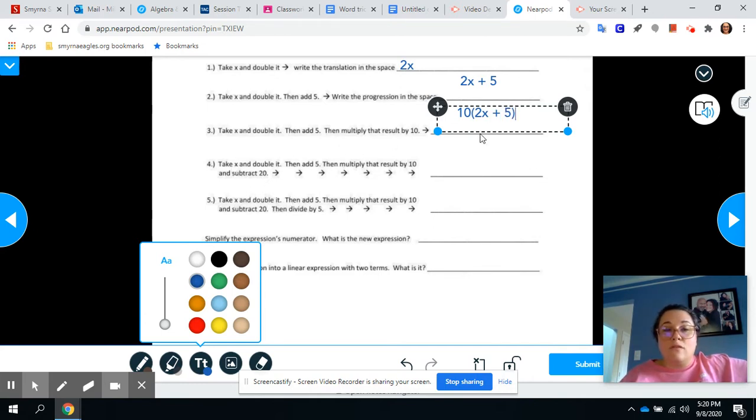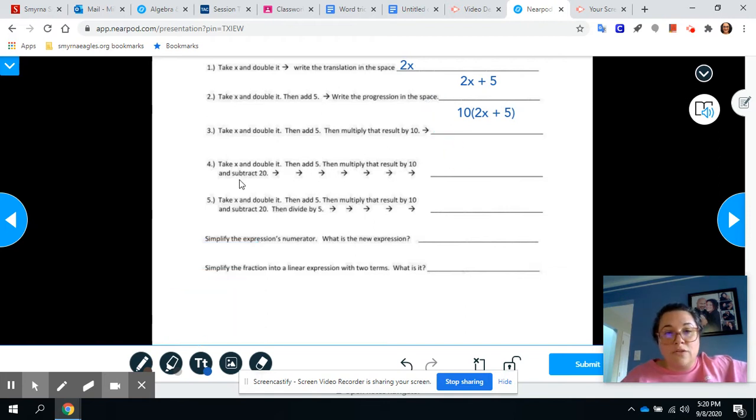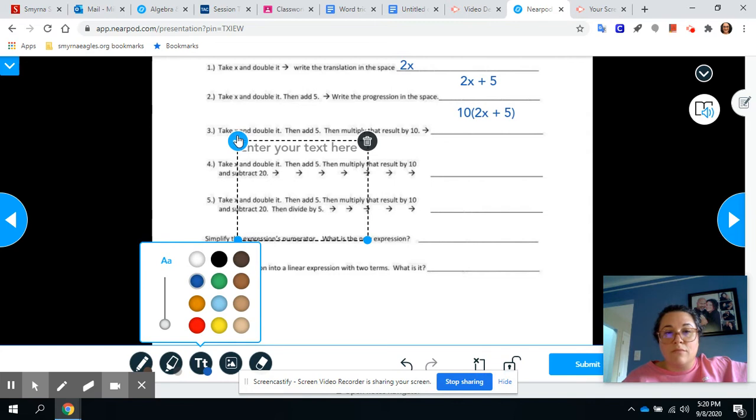The next thing we're going to do in our progression is take X and double it, then add 5, multiply by 10, so all the stuff we did in step 3, except now we're going to take all of this and subtract 20. So to do that, let's go grab our text box, bring it over here.